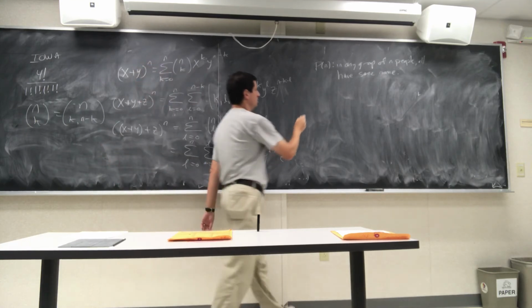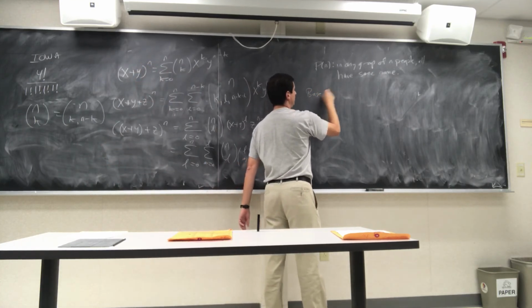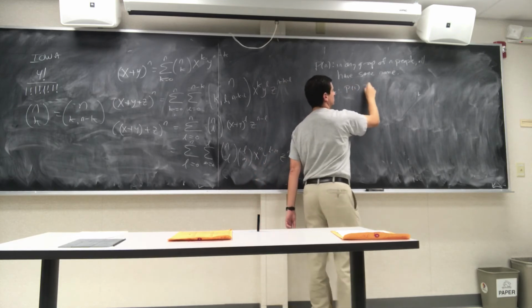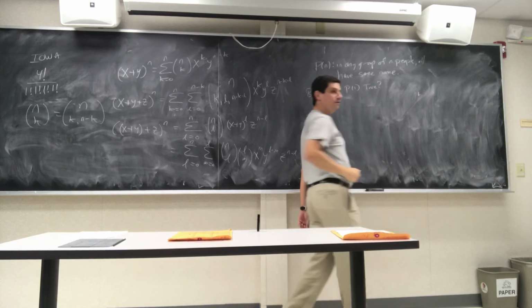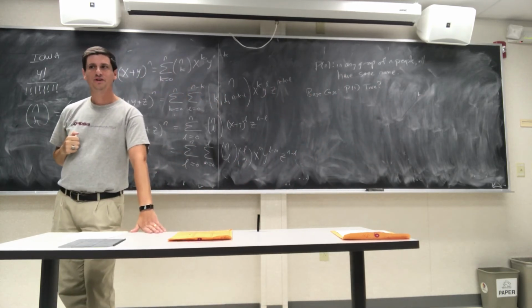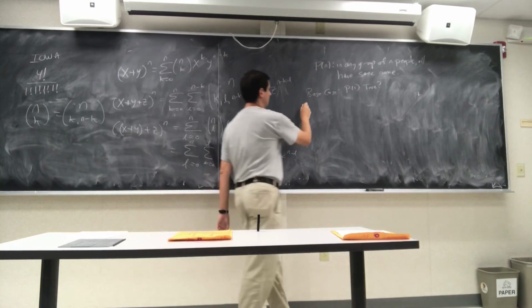Let's prove this by induction. Base case. Is P1 true? If you have a group with just one person, is everybody in that group similarly named? So now, inductive step.